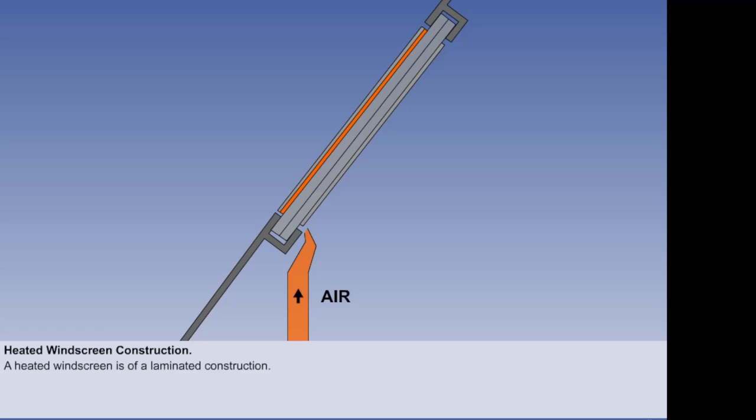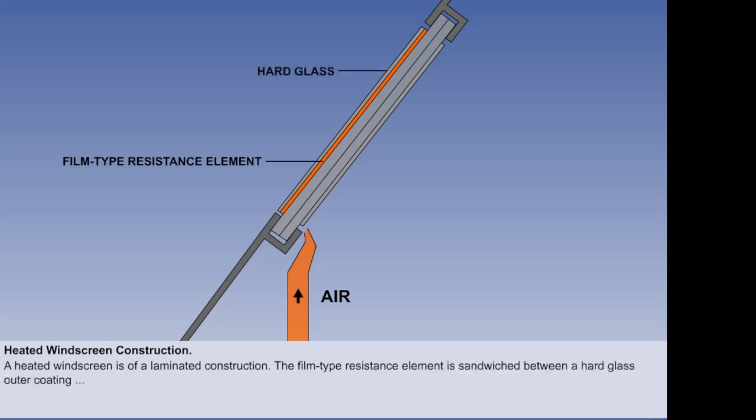In the typical example shown here, the film-type resistance element is sandwiched between a hard glass outer coating and a thick clear vinyl panel or interlayer. There is another hard glass panel on the inside of the screen.